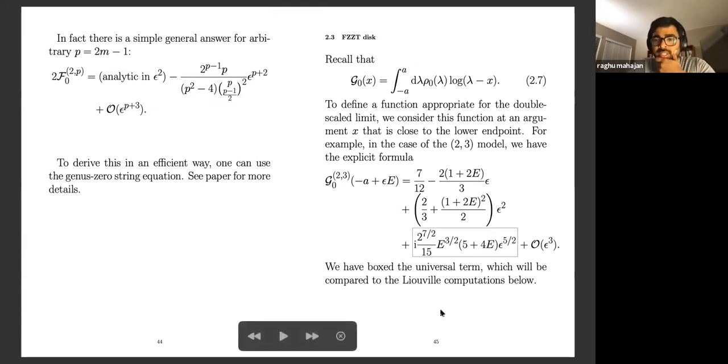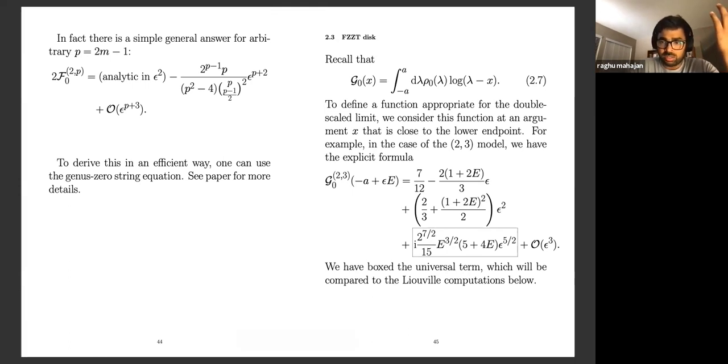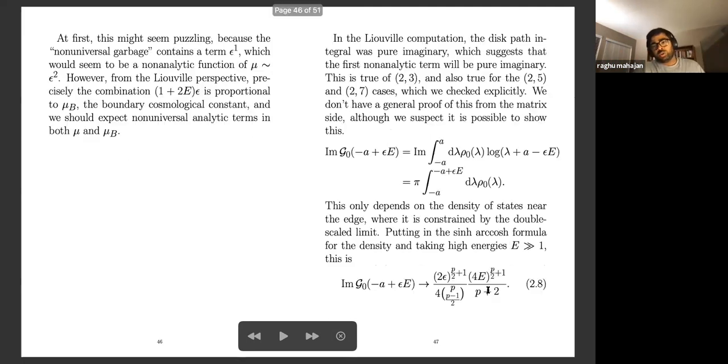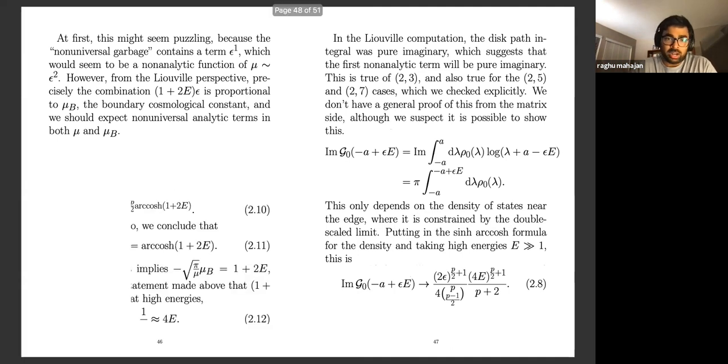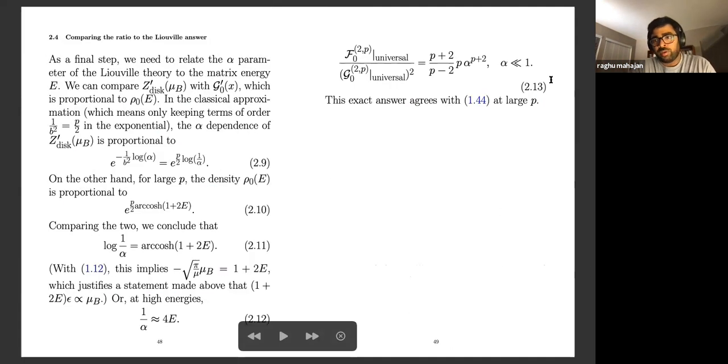Just to flash some results again: even in this G quantity, the trace log quantity, there are some terms that are analytic, both in mu and in mu B, and we have to discard them. We have to keep the terms which are fractional powers of epsilon. Once you keep all of that and turn the crank, you find the answer like 2.13.